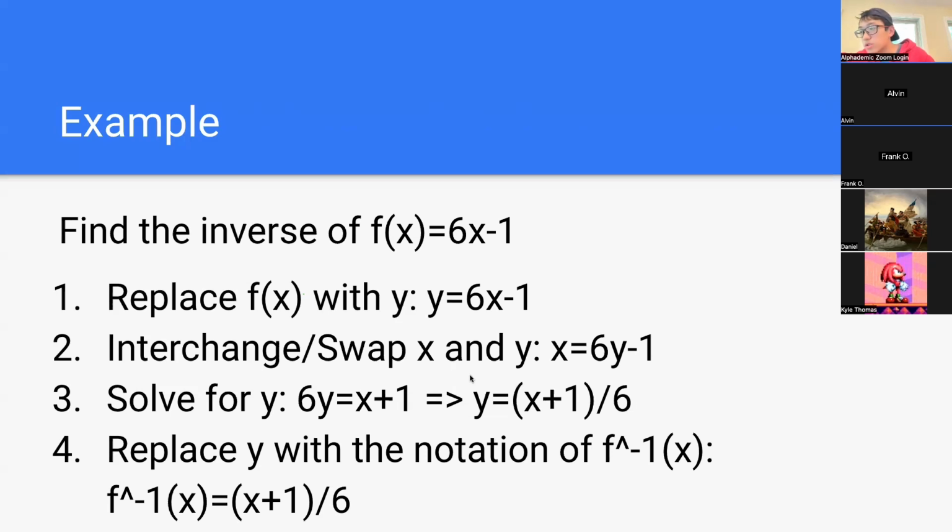And lastly, once you have y separated on one side of the equation and without any number in front of it, just plain y, you would substitute y in for f exponent -1 of x. And there you have the inverse of the function. Pretty neat little way to find out the inverse.